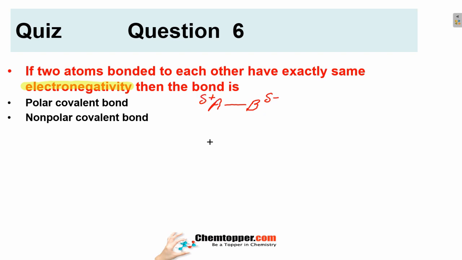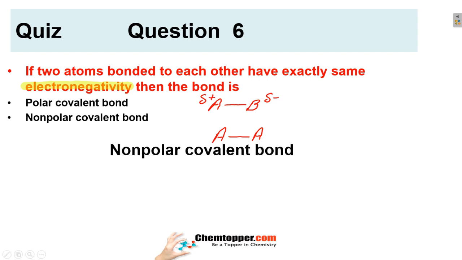But if there is no charge separation, because the electronegativities are same, then the bond is called as non-polar covalent bond. Here they are saying atoms have exactly same electronegativity. It means there is no charge separation. So the bond is non-polar covalent bond.